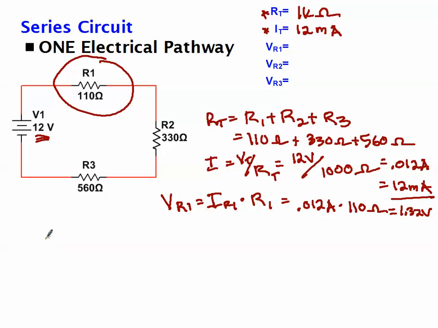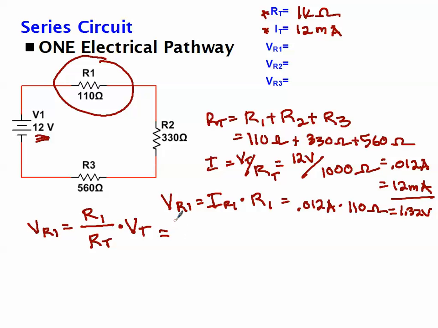The proportional method basically states that the voltage drop across a resistor is equal to the ratio, or the proportion, of the resistor divided by the total resistance multiplied times the total voltage. So R1 over RT is the ratio of the R1 resistance divided by the total resistance, which we calculated up here. And you multiply that ratio, or that proportion, by the total voltage, 12 volts.